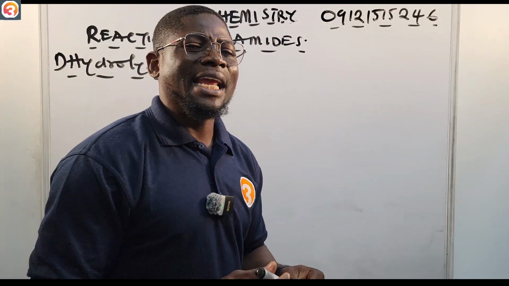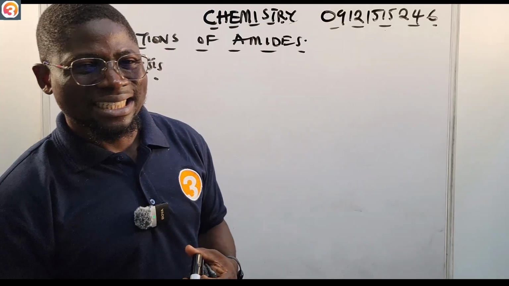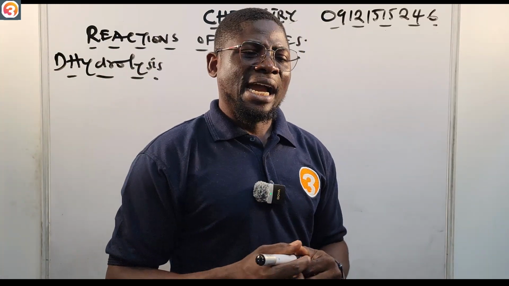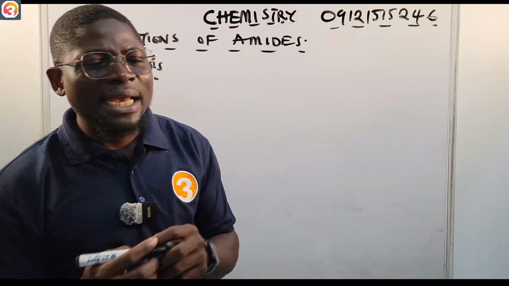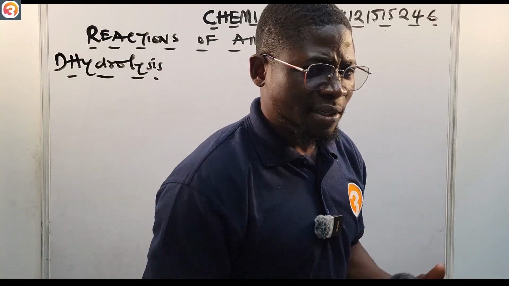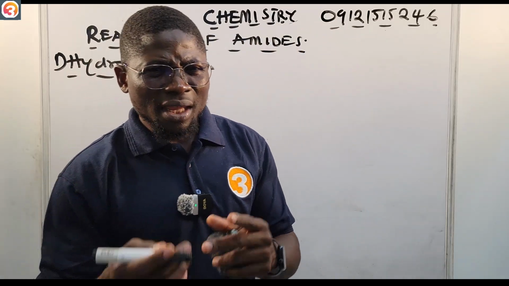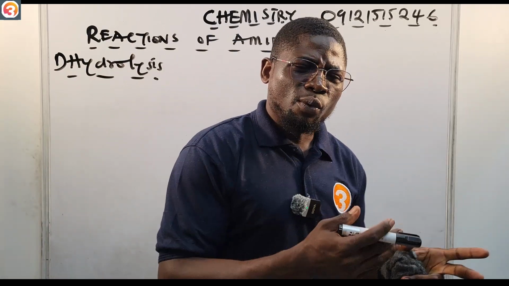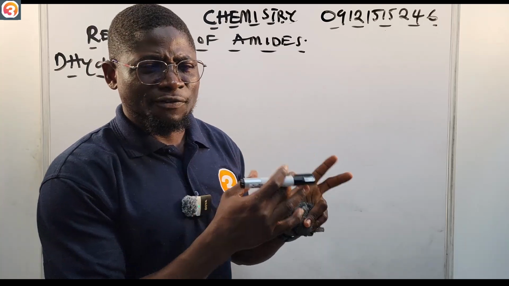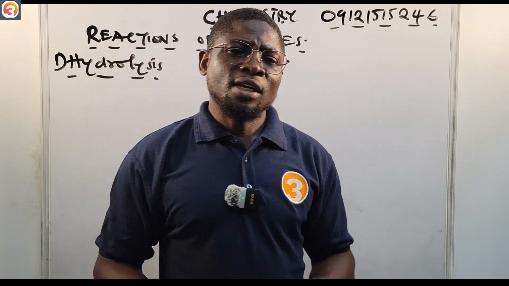What happens when amides are hydrolyzed is that they form the parent carboxylic acid and an amine. This carboxylic acid and amine that is formed can further be neutralized. The carboxylic acid can be neutralized by using a very strong base, while the amine that is formed can be neutralized by using an acid.